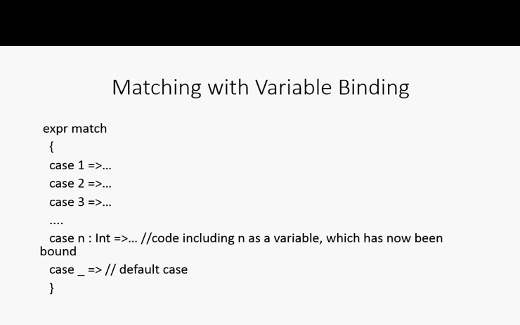But it can also be used to match values, which are then bound. That is, if it doesn't match 1, 2, or 3, or one of these other cases above case n, then it will match, if the value being matched is an integer, it will bind n to it and let you then refer to n as a general integer. So you can have code here that includes n.